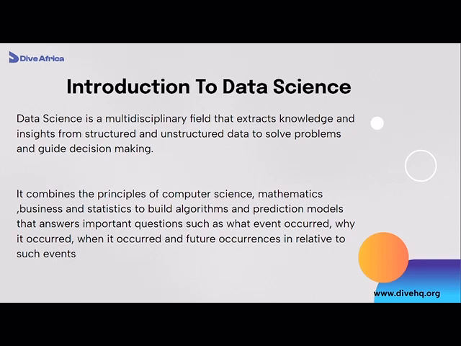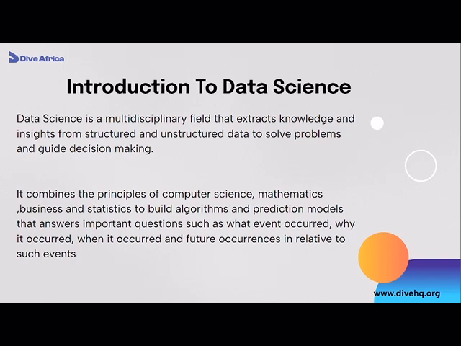Think about it: health, entertainment, information technology, sports, agriculture, finance. Data science is relevant in all these industries and more. So it's a multidisciplinary field. It's not limited to just the tech part, as people will call it.